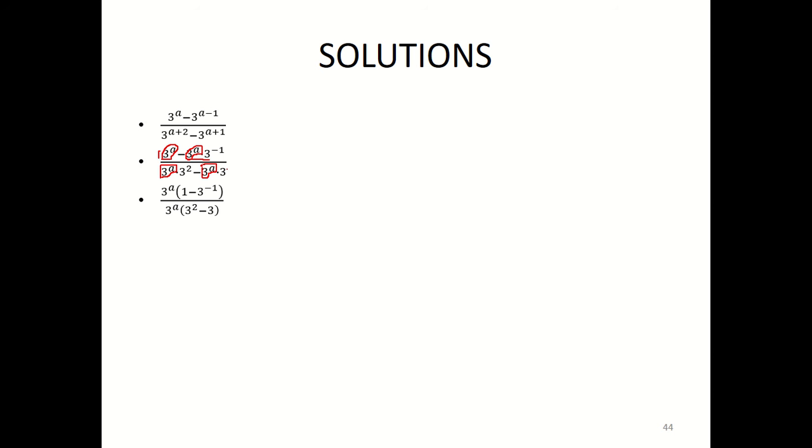Wherever there was 3 to the exponent of a, I substituted 1. So if I take that out, I'll be left with 1. If I take this 3 to the exponent of a out as a common factor, I'll be left with 3 to the exponent of minus 1. In the denominator, if I take this out as a common factor, I'll be left with 3 squared. If I take that out as a common factor, I'll just be left with that 3.